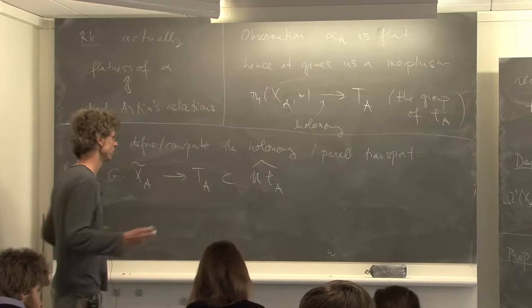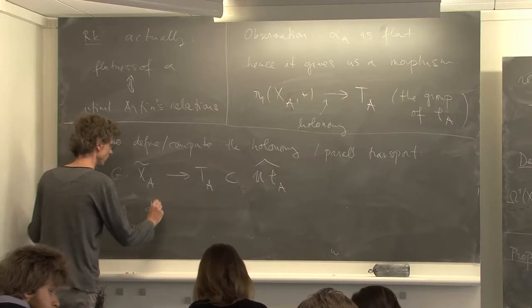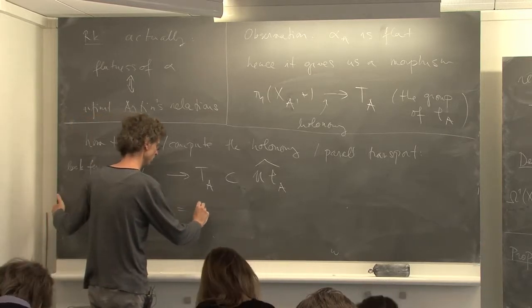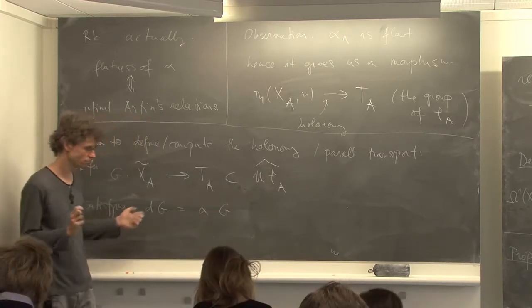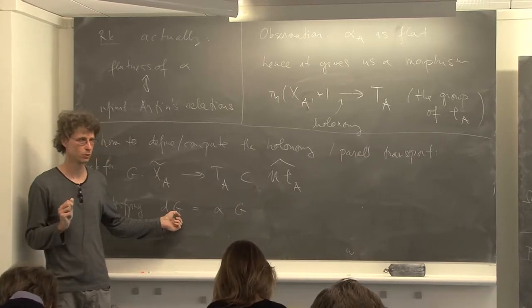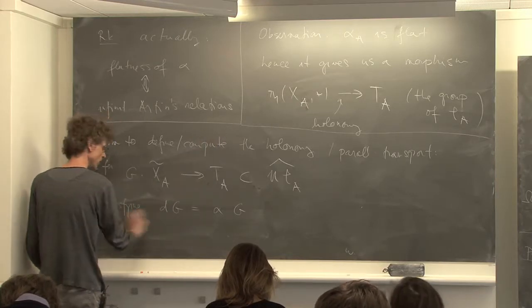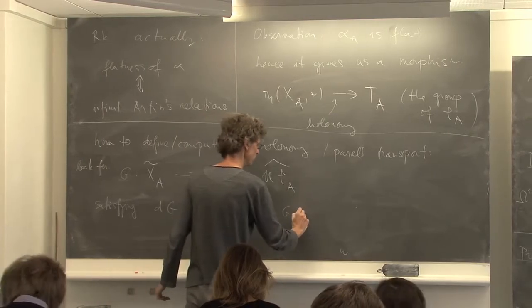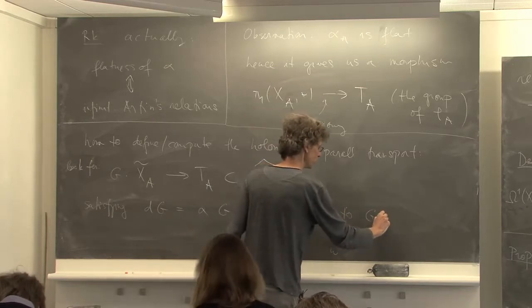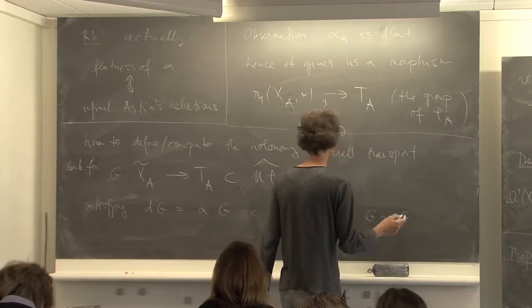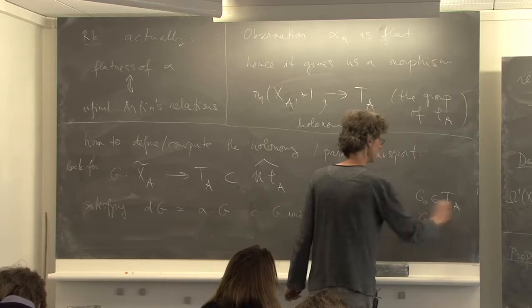So we're looking for such a thing satisfying dg is equal to alpha times g. So that's what we do. Now, say we fix it to compute the holonomy. This fixes g uniquely, up to the replacement of g with g times some constant g0 in this TA.